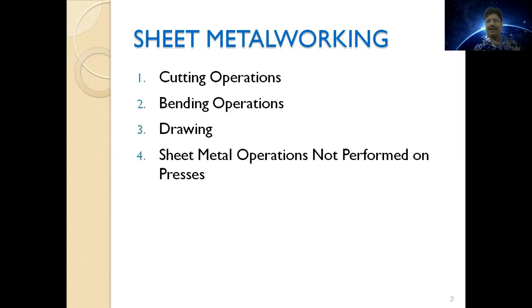In rolling, we apply malleability very much. Today we'll be discussing what sheet metal operations there are and how they are performed. First of all, we have to cut the sheet.